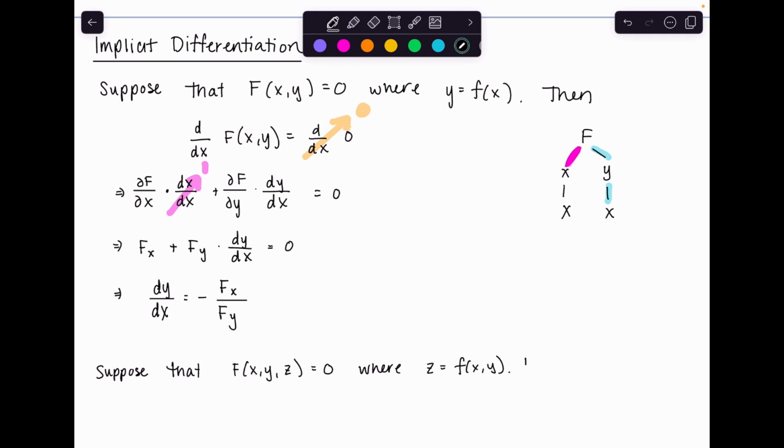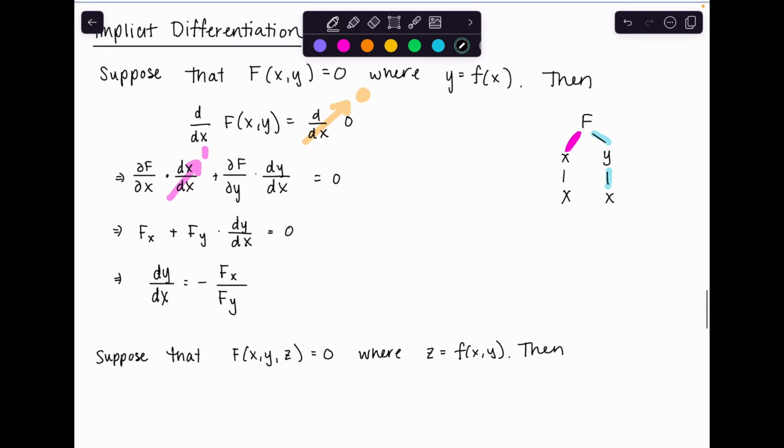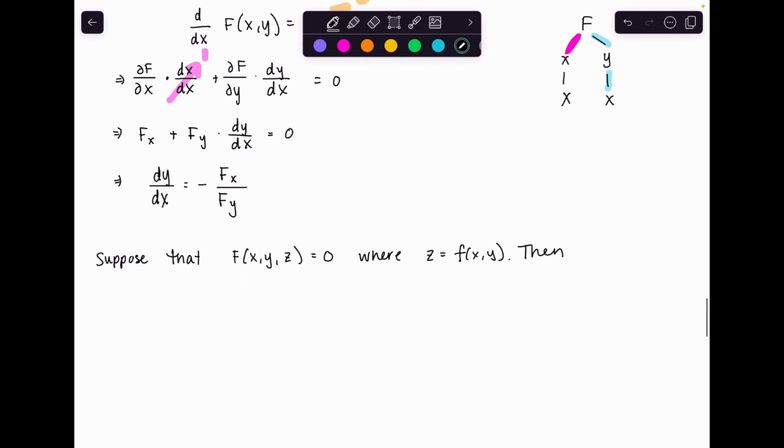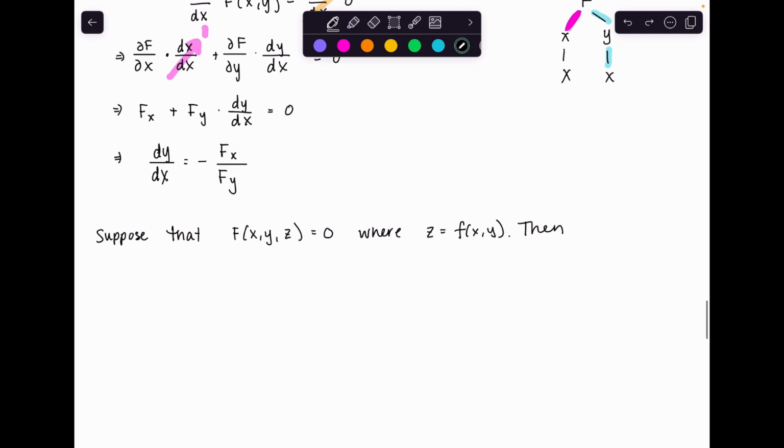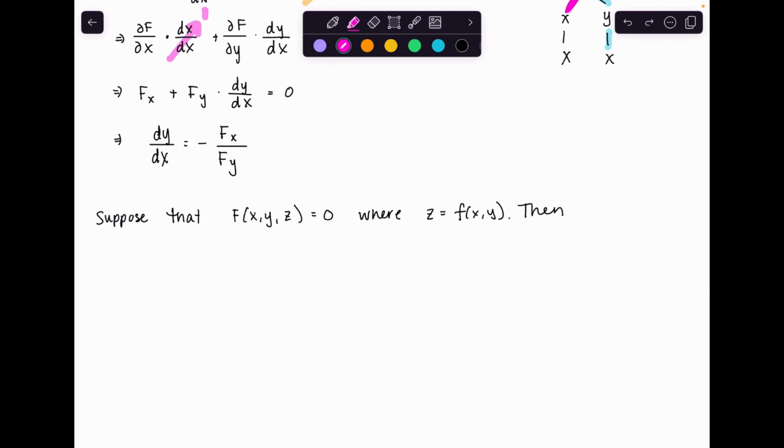Okay. And then again, I might be concerned with what is my partial derivative through implicit differentiation. So I could take a derivative of both sides with respect to x or with respect to y, and then I would have to do a bunch of partials and then solve for the partial I'm specifically looking for. But I can come up with another nice formula that's just like this one.